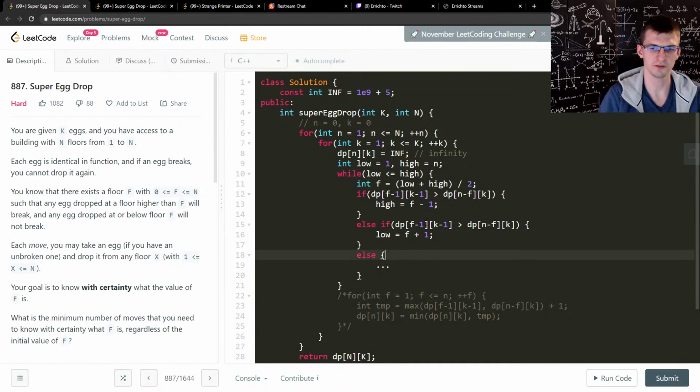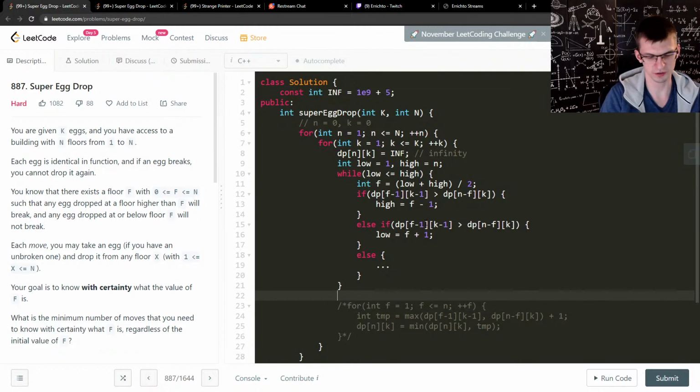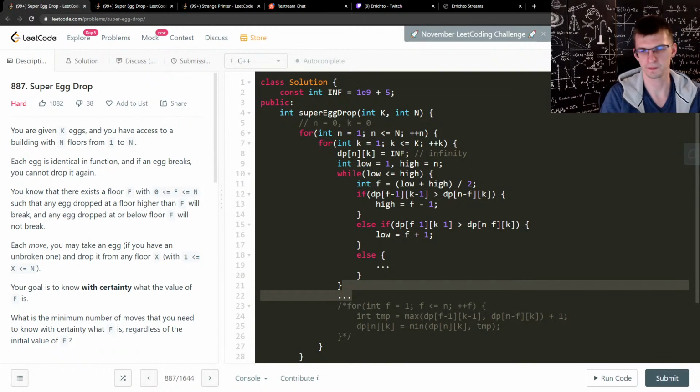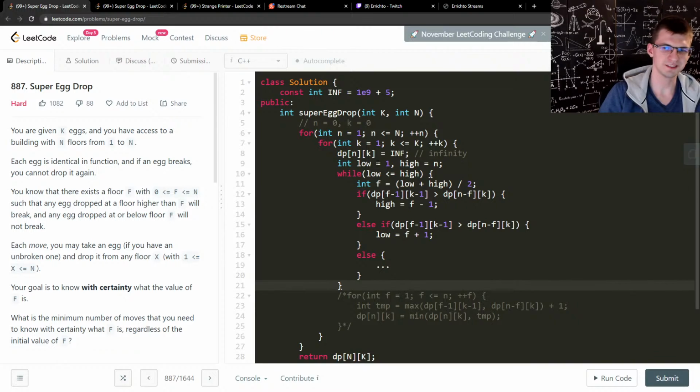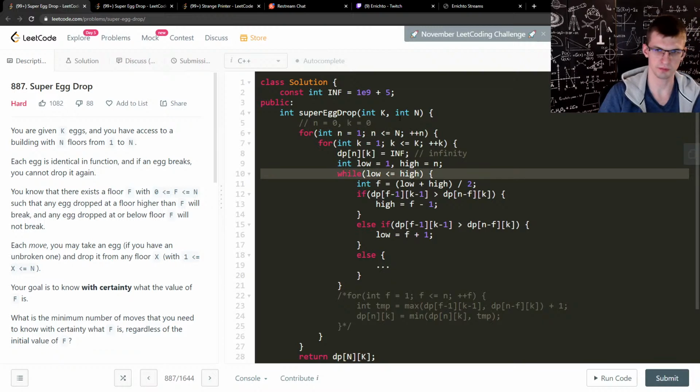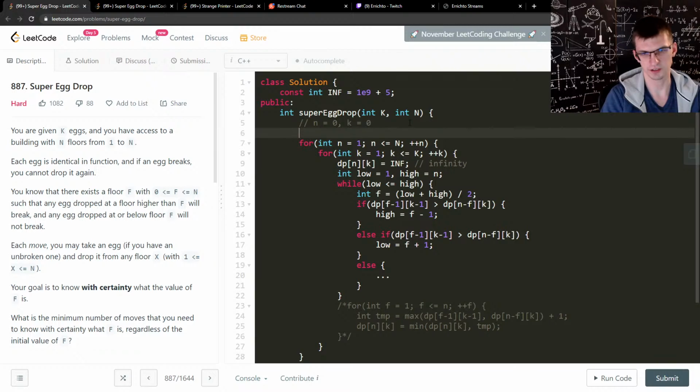So some final low equal to high we can consider here, let's say. And this way we change the complexity from n squared k to n times k times logarithm, because we binary search. We'll write it down. We had a moment ago k times n squared. We improve it to k times n times log of n.